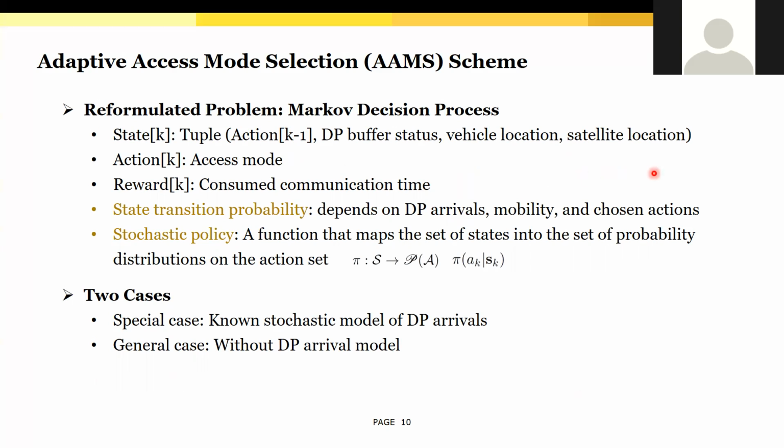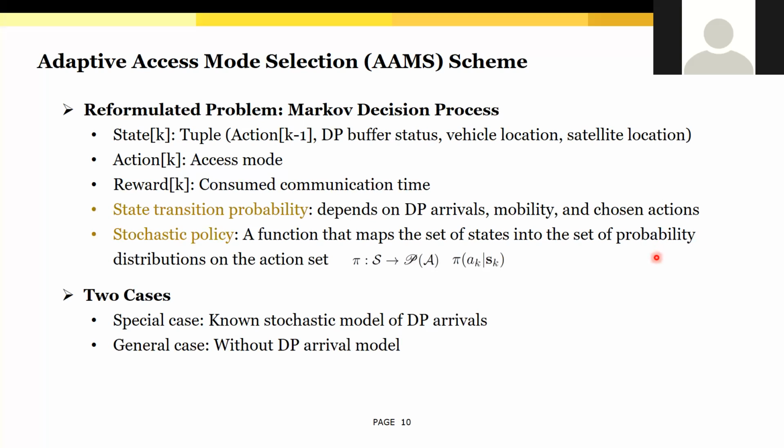We define the action as the access mode we select in different time slots, and we define the reward as the consumed communication time. Here we also introduce the state transition probability, which means the probability that a state transits to another state, which depends on dynamic data packet arrival, mobility, and chosen actions in this work.